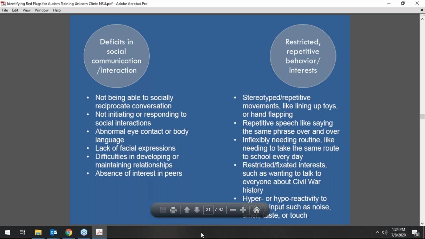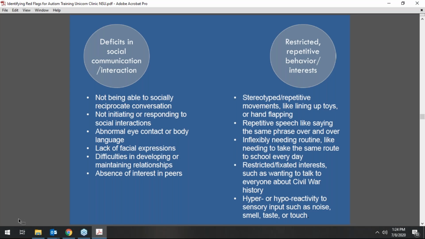If we go to the next slide, thank you. I'm going to talk a little bit more about what these look like. In terms of deficits in social communication and interaction, this is a child that's not able to really reciprocate in social interaction. When we're thinking about young children, in terms of asking them about their day or asking them about something that they did that day, or a friend, being able to engage in that back and forth is challenging for these individuals.